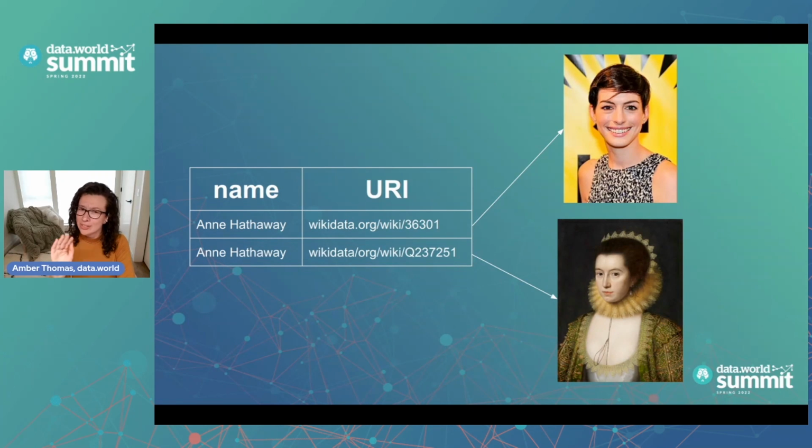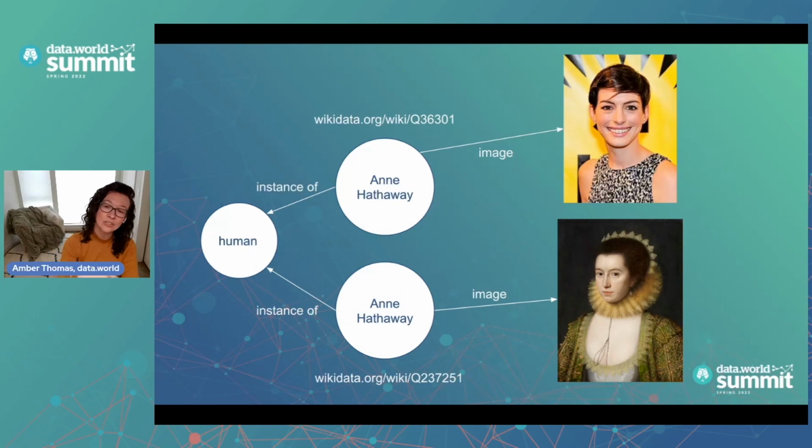So I'm going to show just a high-level overview of what that might look like. So we might recognize that both Anne Hathaways are instances of humans. They're both people. They have images associated with them that I've been showing you this whole time. And both of them can be recognized by these specific Wikidata links. Again, that gives additional information as to who exactly we're talking about.